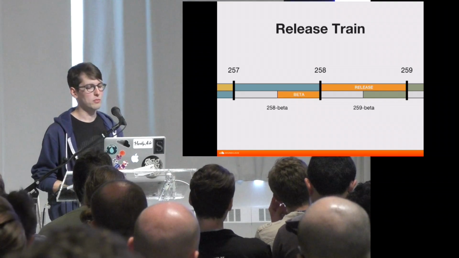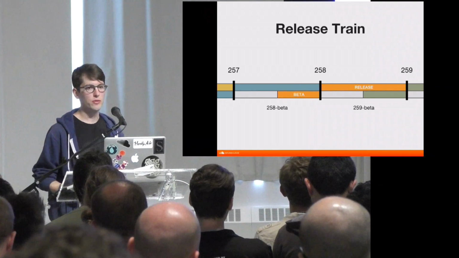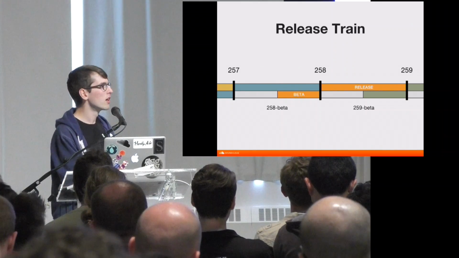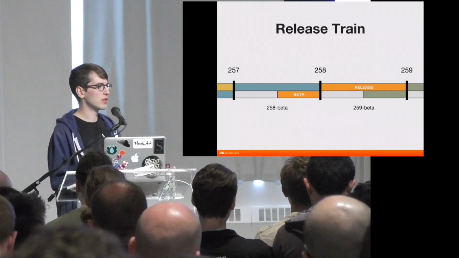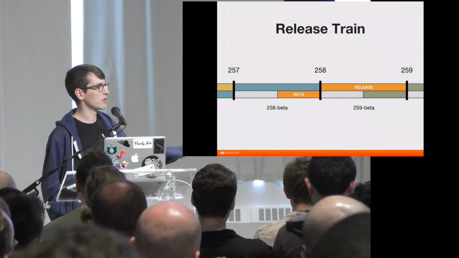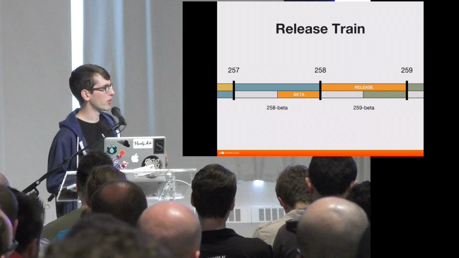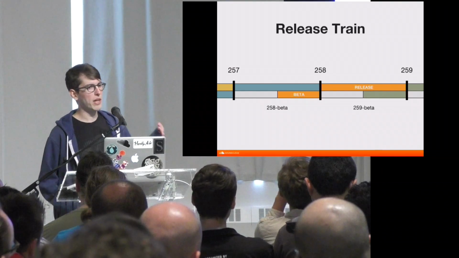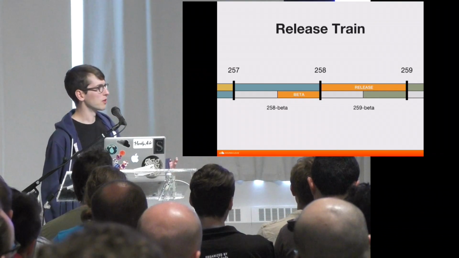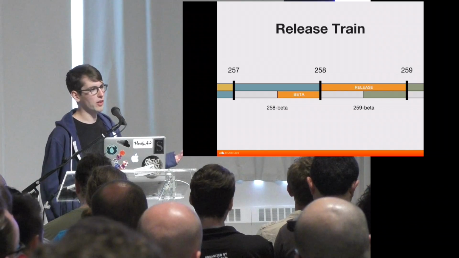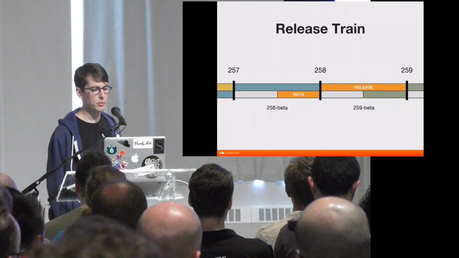And this is completely supported by our use of feature flags, which I talked about earlier. So if a feature is not ready, it doesn't ship, it's going to stay turned off. And if you have a feature that you think is ready, but then in beta it turns out it's totally broken, then we can just turn it off, and it will go into the next release in 2 weeks once it's fixed.